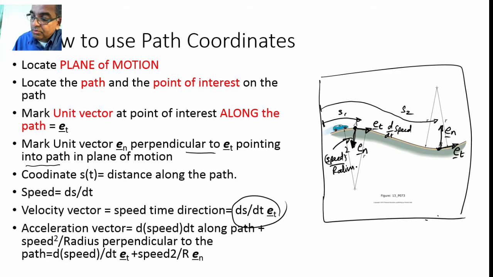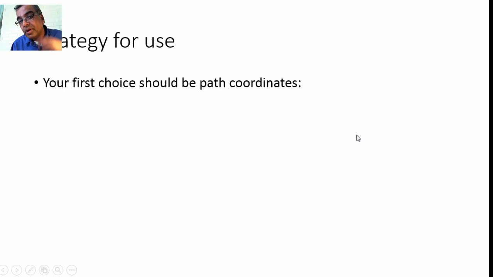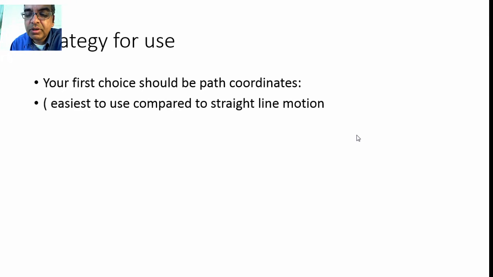So that's the whole idea. I've shown you step by step how to set it up. How do you strategize for use? When you're trying to do free moving particles, your first choice will be path coordinates. If you know the motion, there's nothing like it. It's the easiest one to use compared to straight line motion. Physically very intuitive. You have rate of change of speed along the path and speed squared over radius perpendicular to the path.